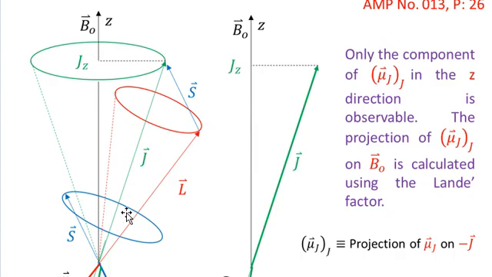So you see that when a magnetic field is applied, this capital J can have any direction. Its direction is not fixed when there is no magnetic field.